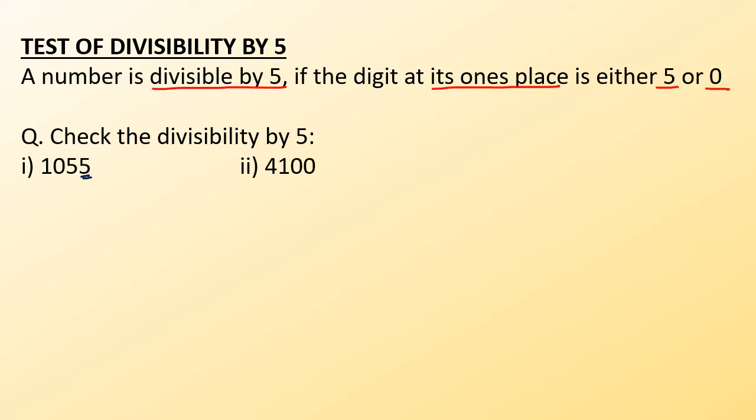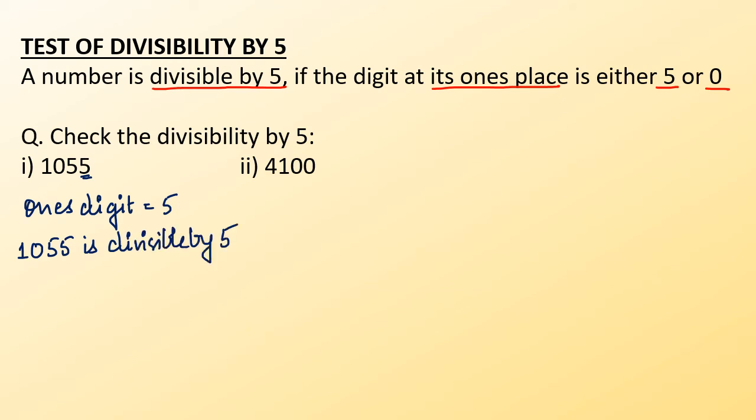Therefore, 1555 is divisible by 5. Now, in the next number, 4100, the digit at the ones place is 0. Therefore, this number 4100 is also divisible by 5.